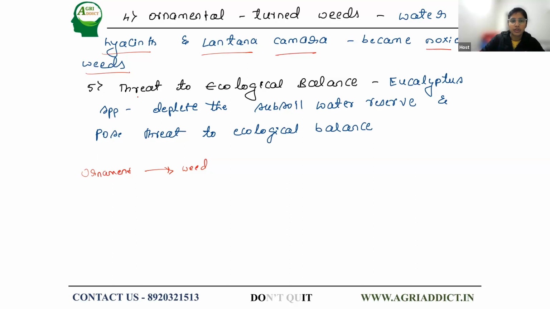It might also cause a threat to the ecological balance. Eucalyptus is one such species, known for depleting subsoil water reserves and posing a threat to the ecological balance. This is how, unknowingly, with plant introduction we have introduced many diseases and weed species into India and are facing problems even today to eliminate them.